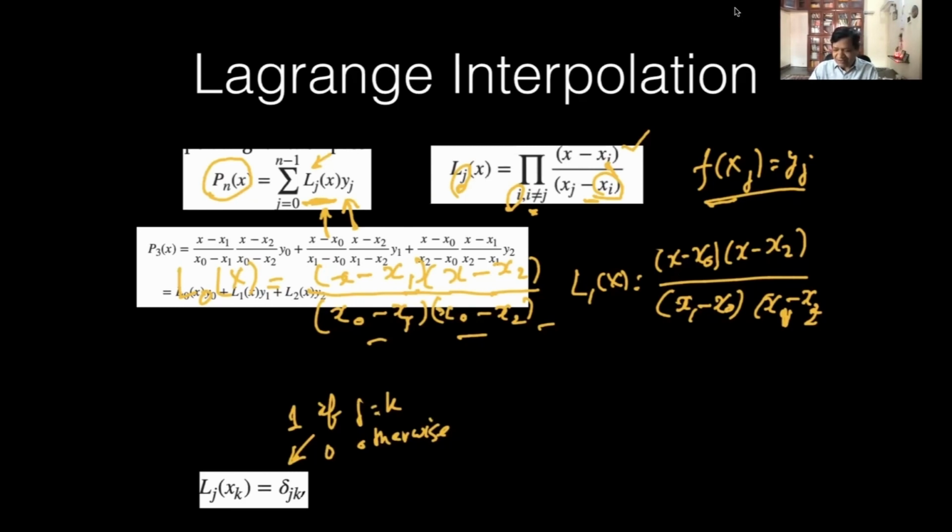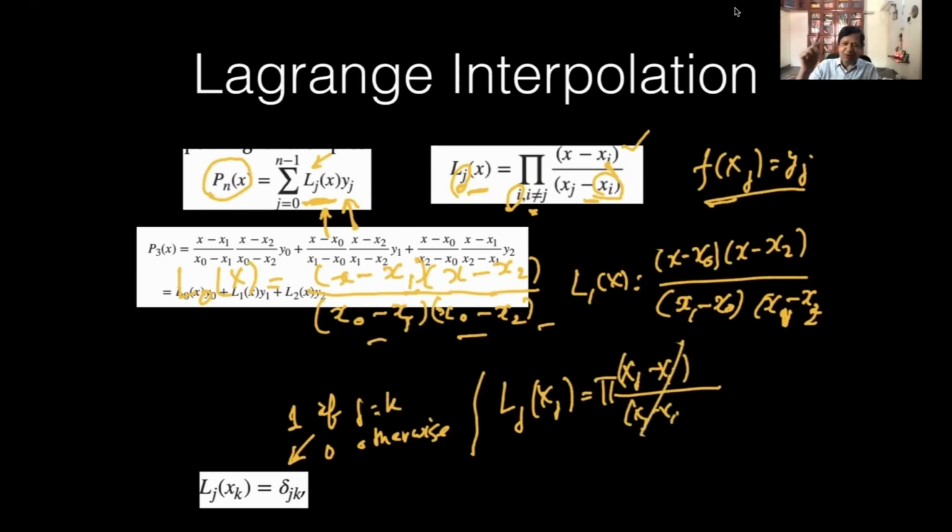You can see by just the structure of this function. If I put xj into Lj, what will Lj(xj) be? The bottom is frozen, but the top will be the product of xj minus xi, divided by xj minus xi. In fact, you can see that they cancel. They become 1. Each term is 1. So the product of 1s is 1.